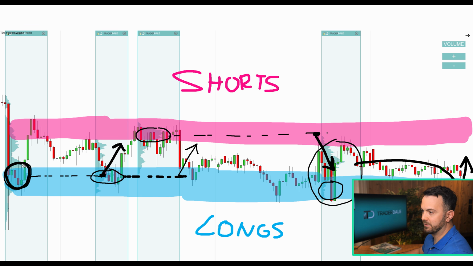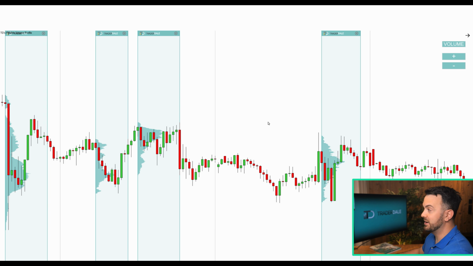This is a significant volume cluster, and this is a significant volume cluster, but there's no significant volume cluster here, so no trade, okay? You need to see a significant volume cluster inside that zone that you want to trade from, okay? So this is trading the rotation.